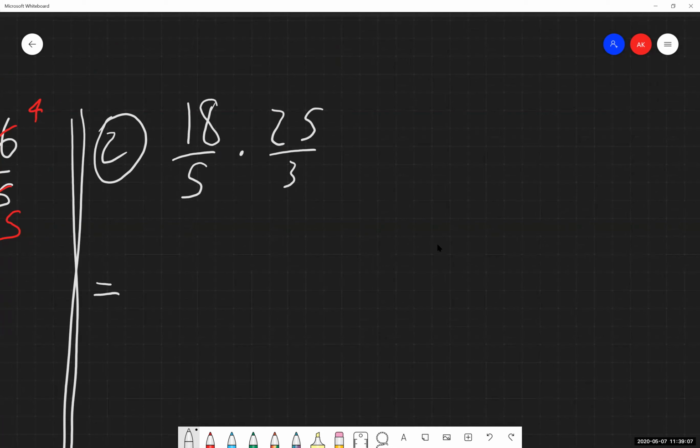I'm looking to see, can I reduce anything going across the multiplication sign? So I'm looking at 18 and 3. And do they have a greatest common factor between them? And they do. 3 goes into both of those numbers. So 3 goes into 3 once. 3 goes into 18 6 times.